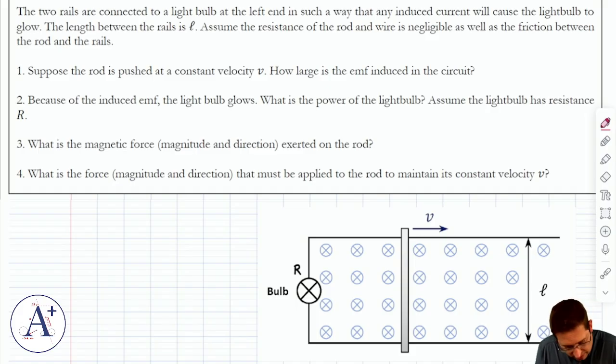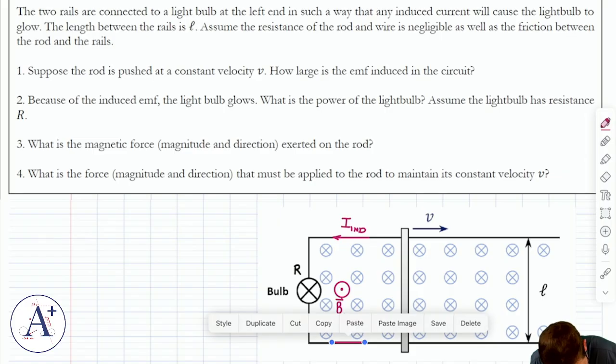So if flux increases into the page, I need B induced to come out of the page. Okay, because B induced is going to oppose the increase in flux. Now what that tells me is that not only do I have a current, because I induced creates B induced, but that current is going to flow counterclockwise by the right-hand rule. All right, and therefore, yes, the light bulb will light up because there is a current flowing through it.